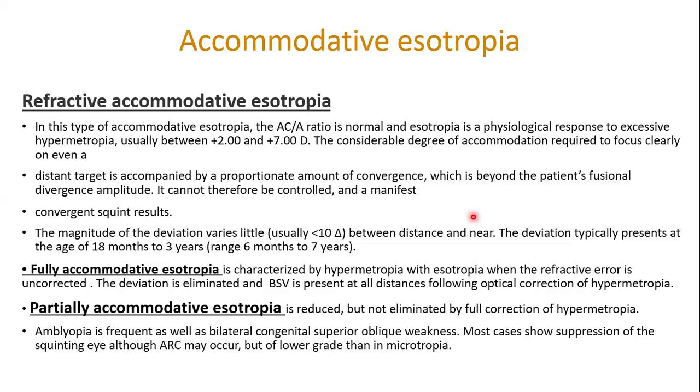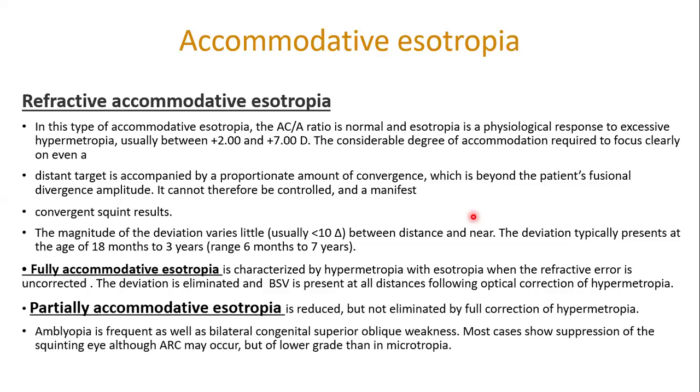For fully accommodative esotropia, you don't do anything. You just give the glasses and treat amblyopia if it is present. For partially accommodative, you need at least to repeat the cycloplegic refraction twice. One of them you might repeat using atropine to make sure that you are giving the full cycloplegic refraction, and you treat the amblyopia.